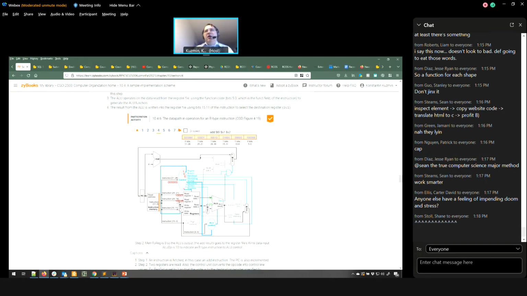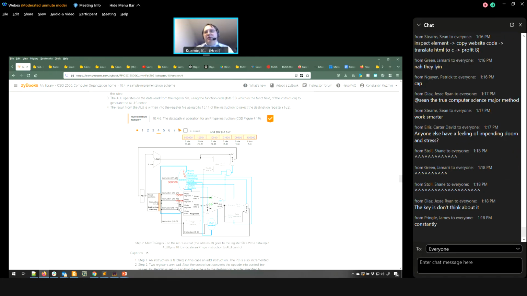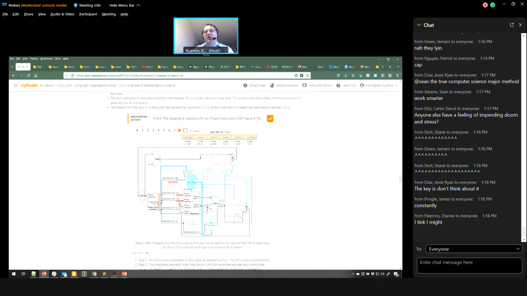And then we have 2 more stages potentially. One is to write to memory, and the last one is to write to the register file. Obviously, as you can see, the memory write happens first. Of course, memory write is not needed for all instructions. In our case, memory write is not necessary.